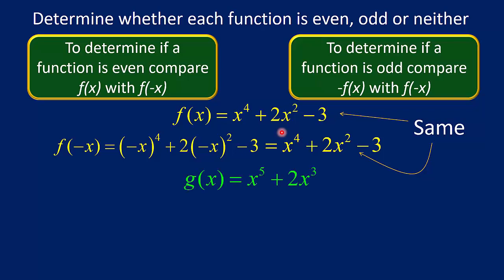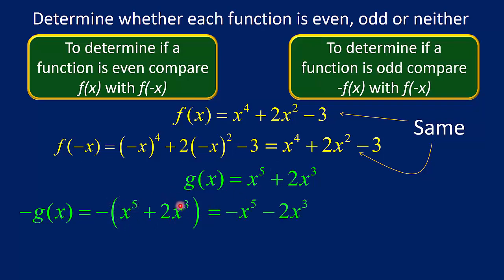Now, let's look at this g of x. Now, I need to compare g of negative x with the opposite of g of x. Well, let's find negative g of x first. I'm just going to put a negative outside the function, distribute the negative through, and here's what I get. This is negative g of x right here.